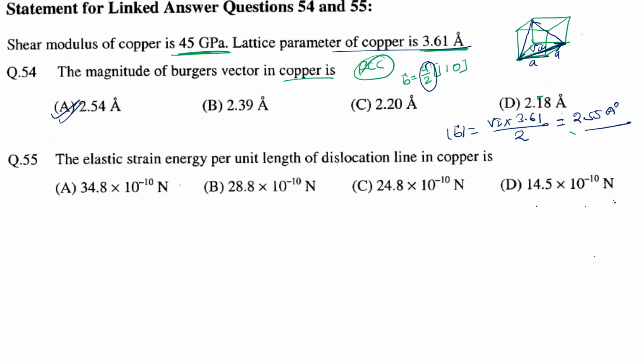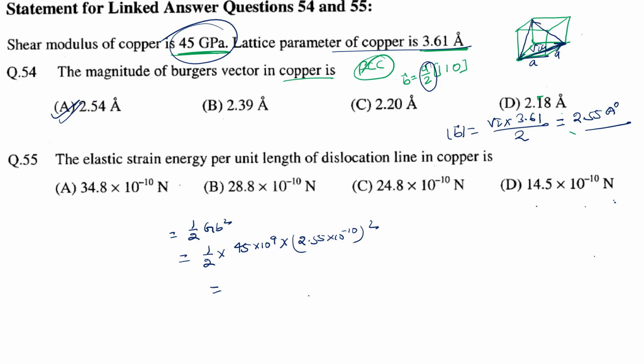The next question: the elastic strain energy per unit length of dislocation line in copper. The elastic strain energy per unit length is equal to half of G b square. So it will be half into G, where G is given here as 45 into 10 power 9, and b we know is 2.55 into 10 power minus 10, whole square.